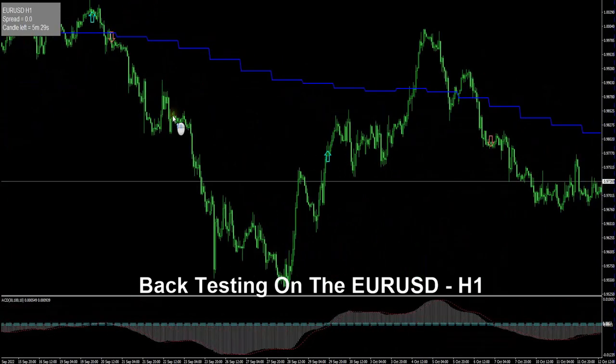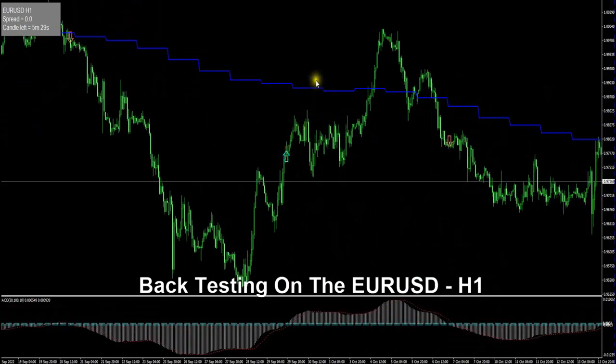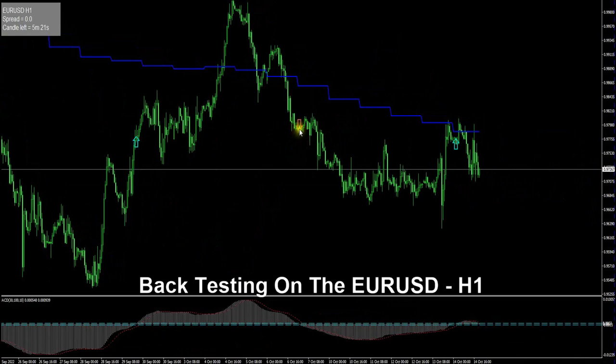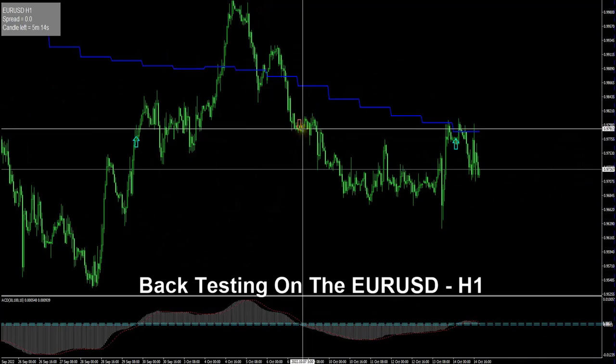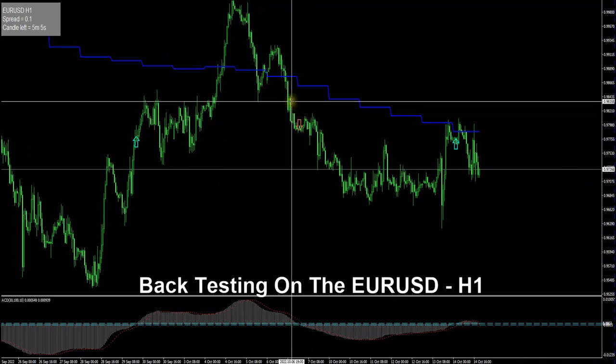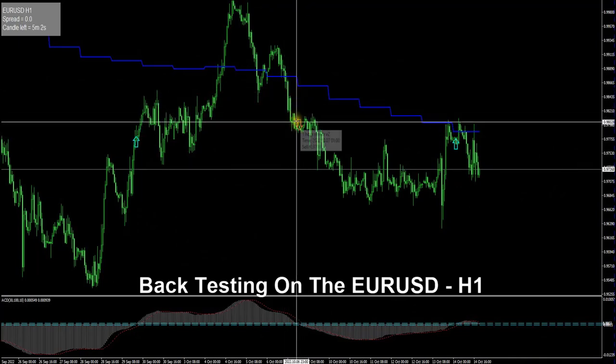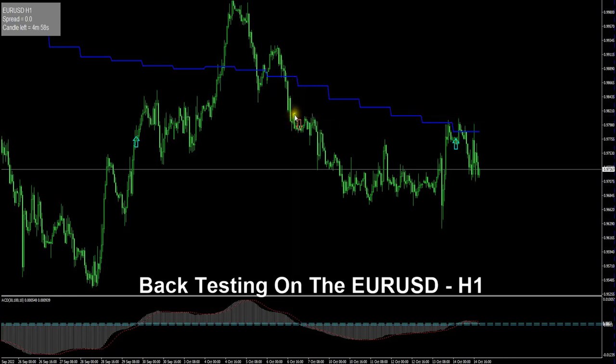The next signal was a buy signal, but because price was below the moving average, we didn't take it, although it would have been quite a nice one. But here we have a sell signal and price is below the moving average. Unfortunately, as far as I'm concerned, there's not an obvious previous candle high. I suppose this one here is kind of it, but for me, that's not a pullback.